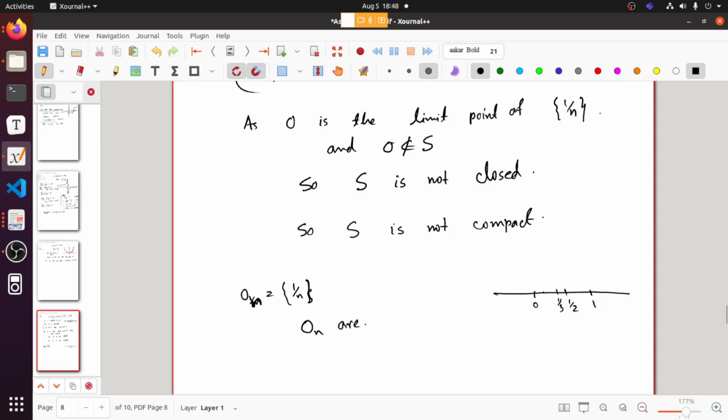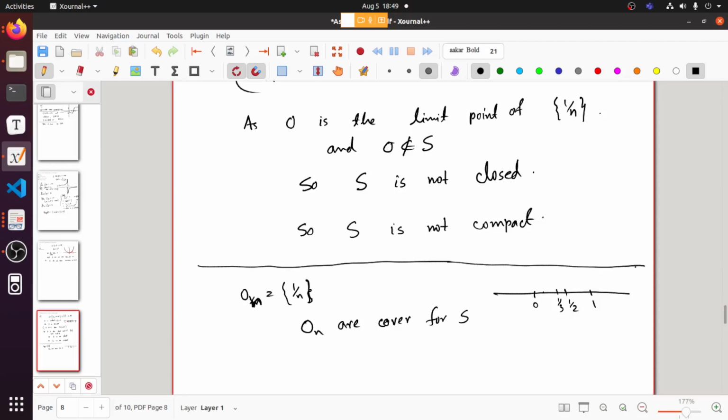O n's are a cover for S. But does it have a finite subcover? If you take only finitely many, then many terms will remain, right? Yes, sir. So this will not be compact.